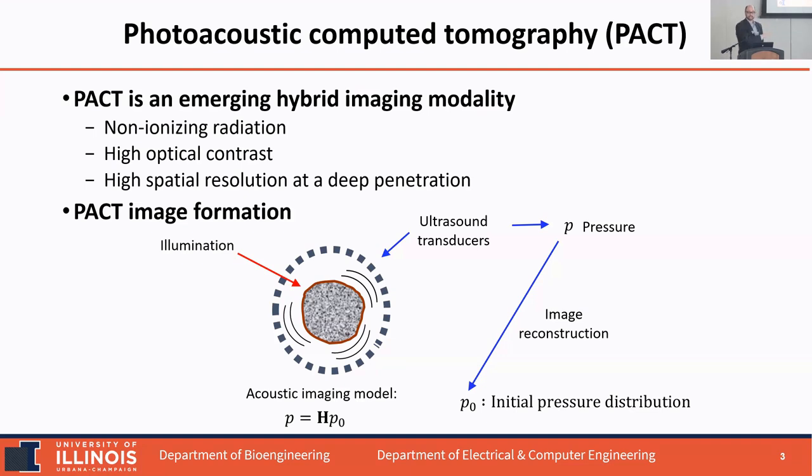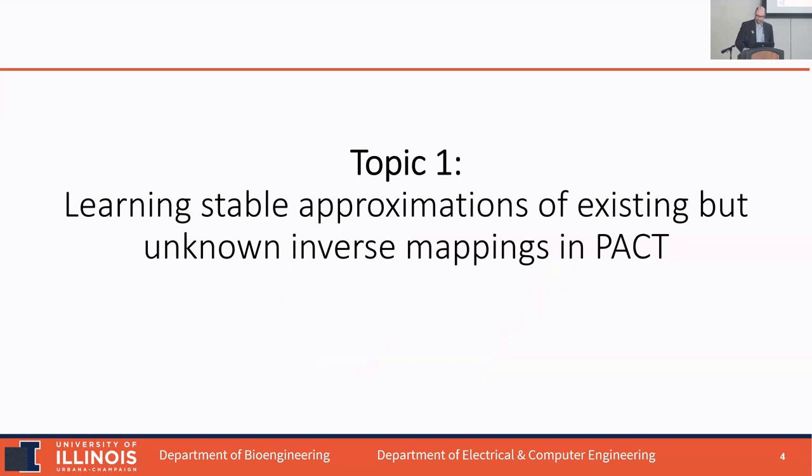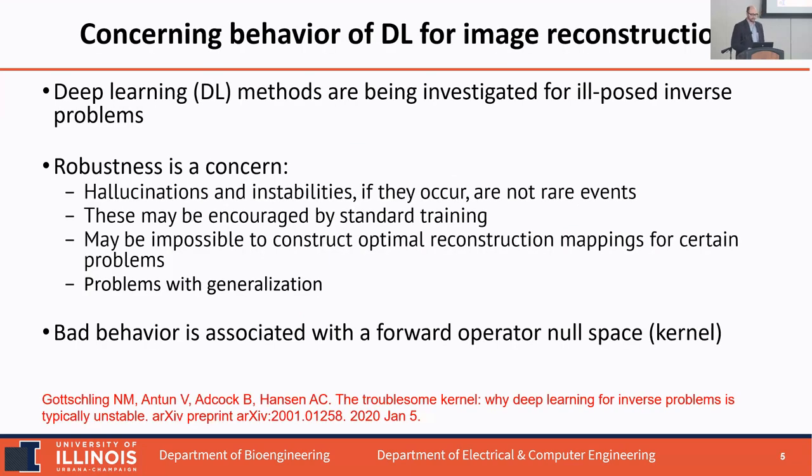You can do other things. This is the vanilla version of photoacoustic tomography. But again, we're basically assuming a linear model where P is our measurement data, H is our forward operator based on the acoustic wave equation, and P naught is our sought-after object function. Okay, so let me talk about this first application where we want to approximate existing but unknown mappings.